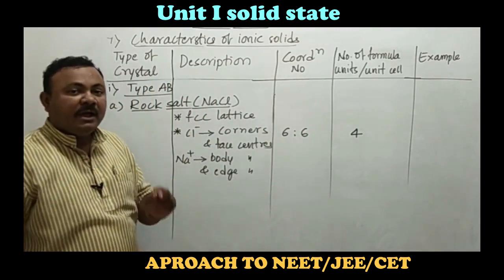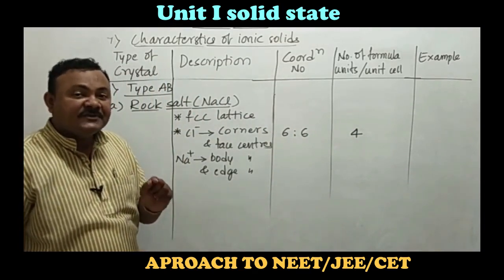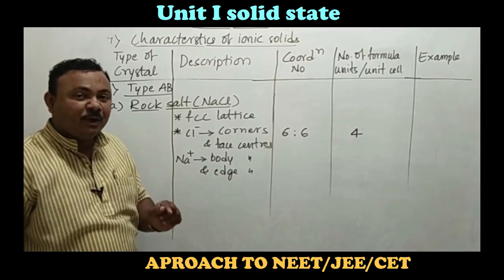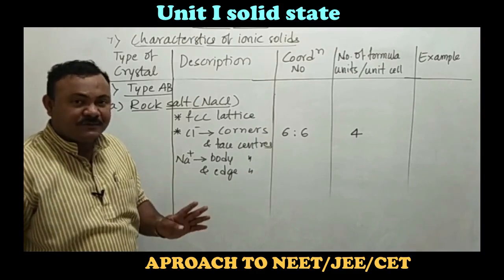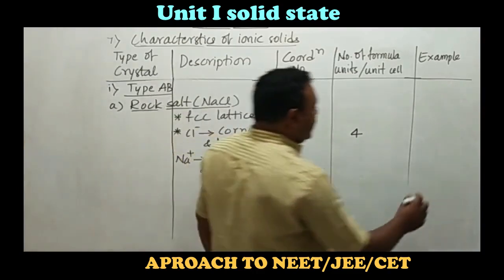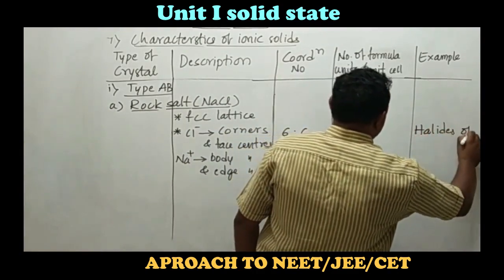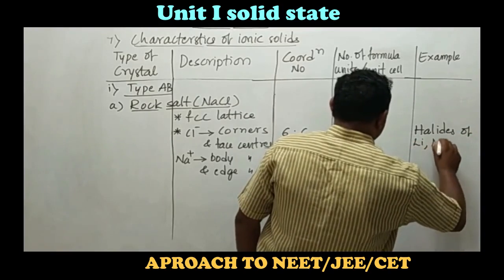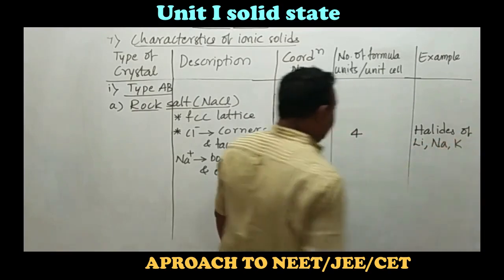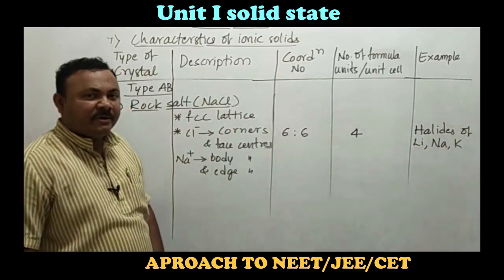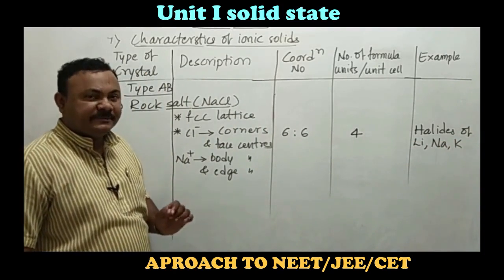I repeat, in one NaCl unit cell there are 4 Na plus ions and 4 Cl minus ions. Example, you can take the halides of lithium, sodium, potassium. They all have rock salt structure.